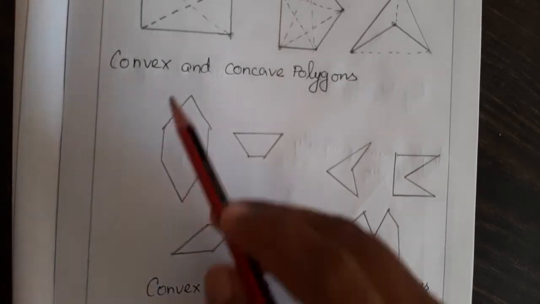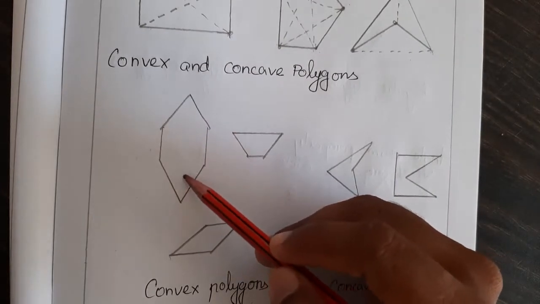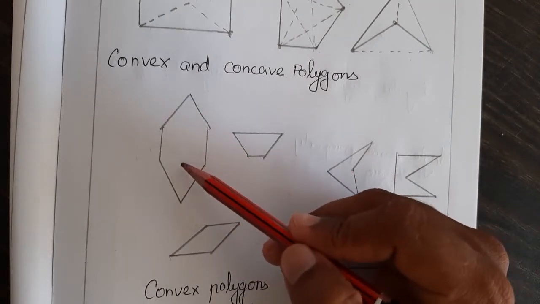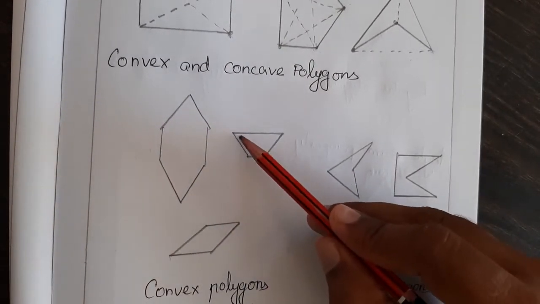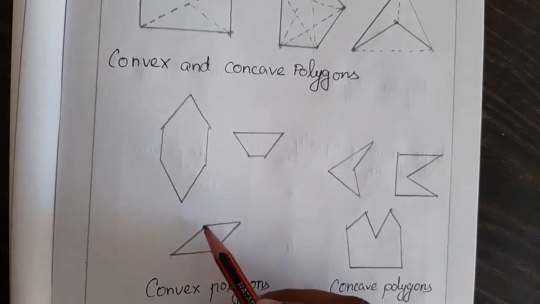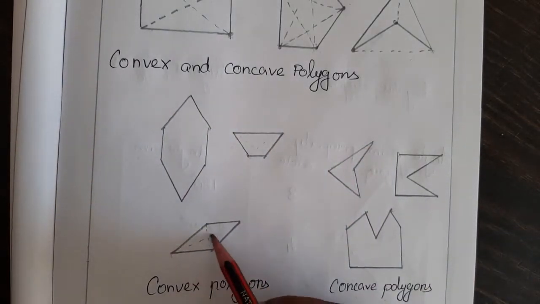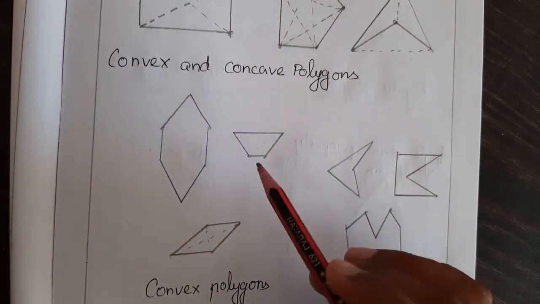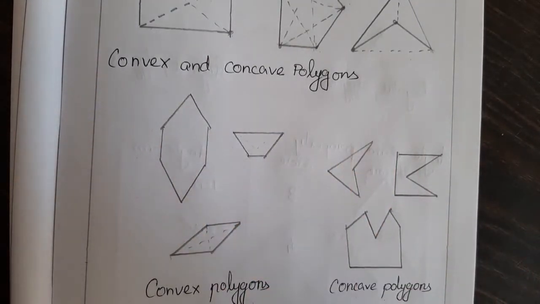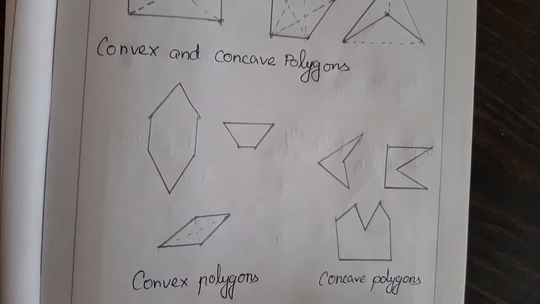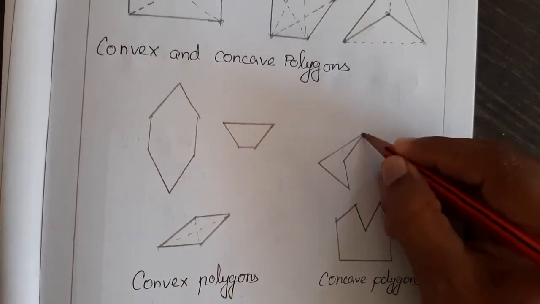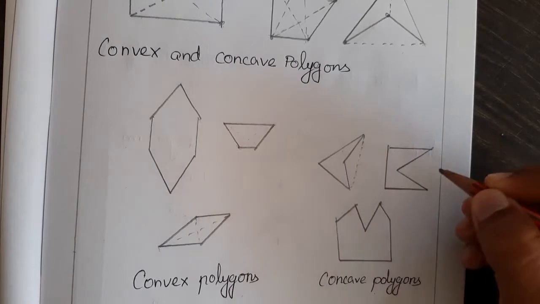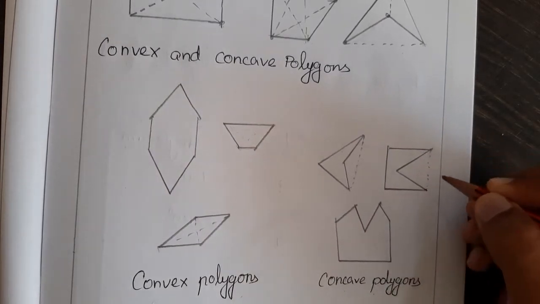If you draw a diagonal for this figure, all the diagonals are interior. This figure also, all the diagonals are interior. Here also interior, right? So the convex polygon has diagonals only in the interior. And what about the concave polygon? We are able to draw a diagonal outside, in the exterior of the figure, right?